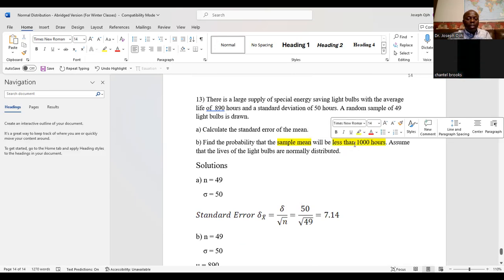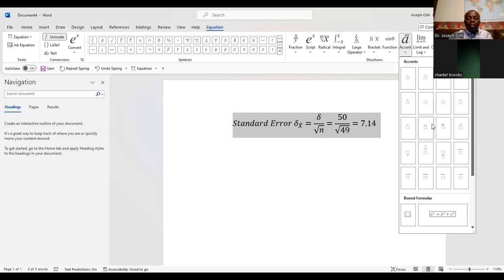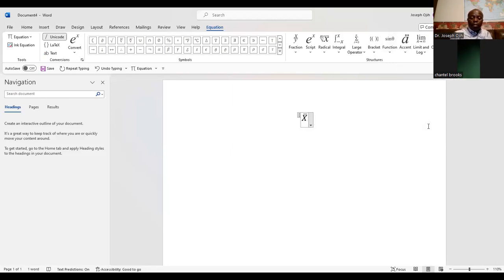So the sample mean is going to be 1,000 hours. I can't get the character from here, so I'm going to get it from here. It is x bar, which is 1,000 hours.